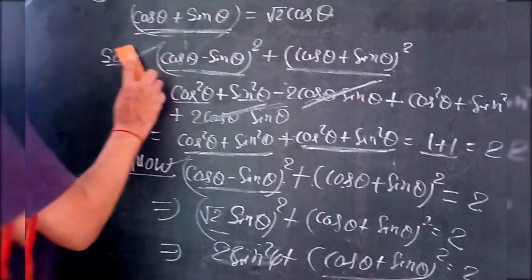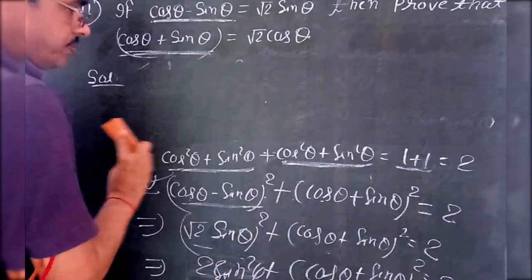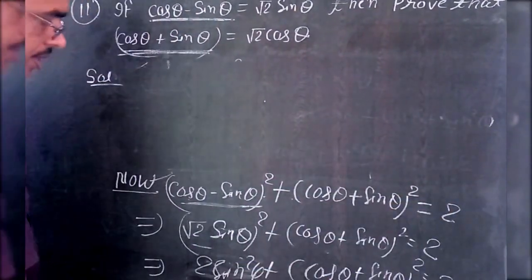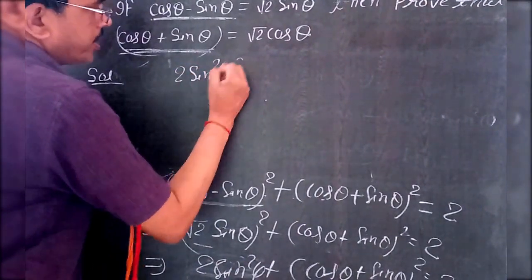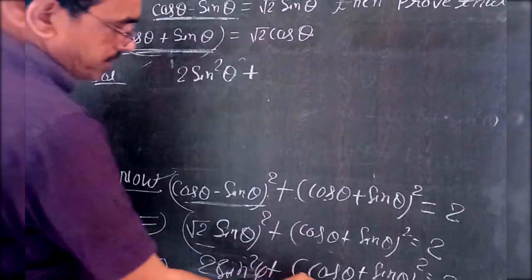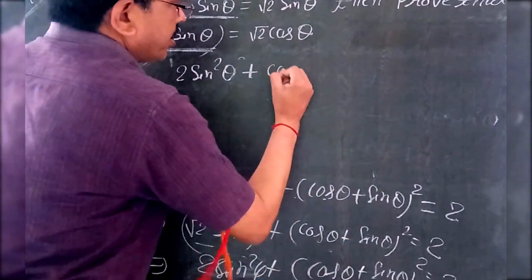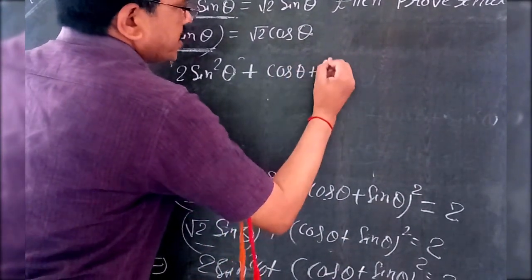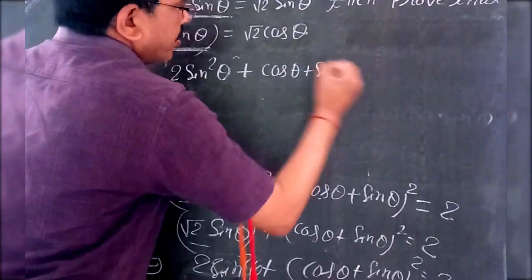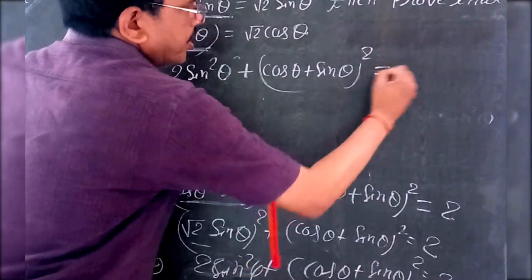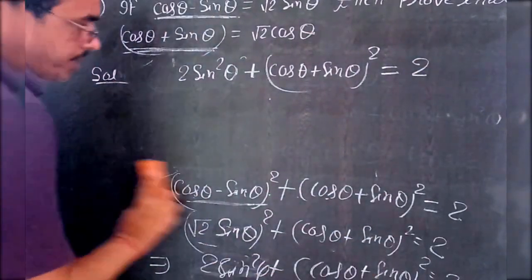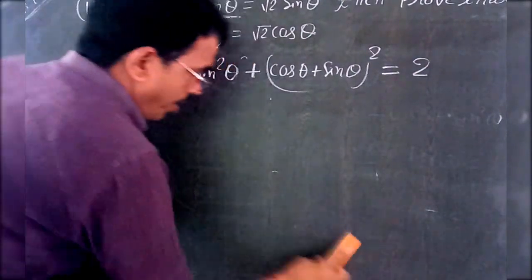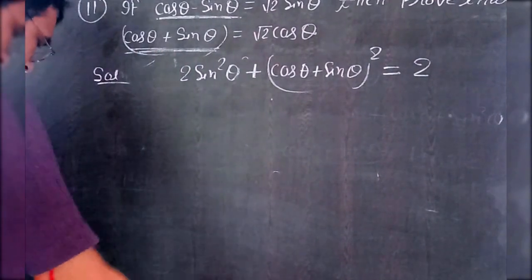So students, now here is 2 sin square theta plus cos theta plus sin theta whole square is equal to 2. Now you can find the value of cos theta plus sin theta.